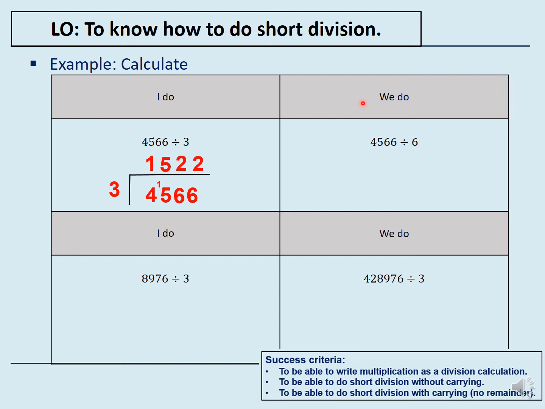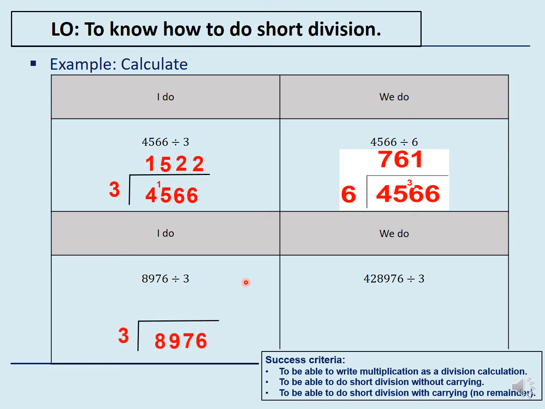Pause the video and have a go with this question. Your answer should be 761. I'll do one more question. As I said, I write it as a bus stop method or short division. How many times does 3 go into 8? Twice. I have 2 left over.